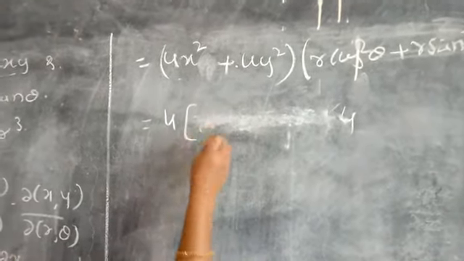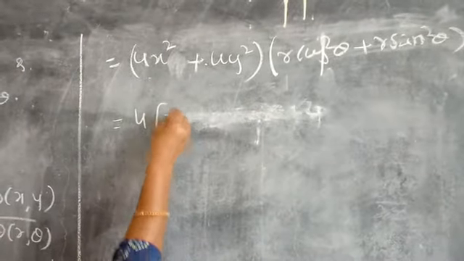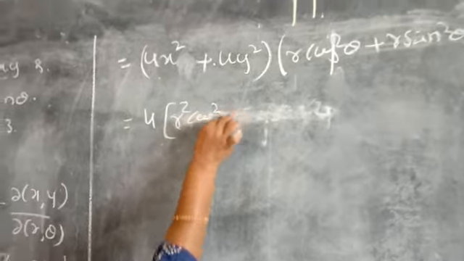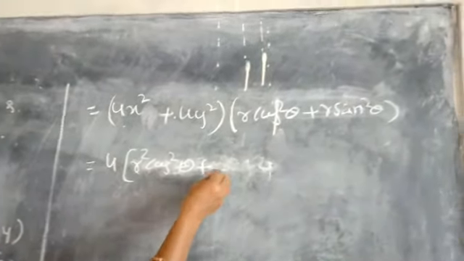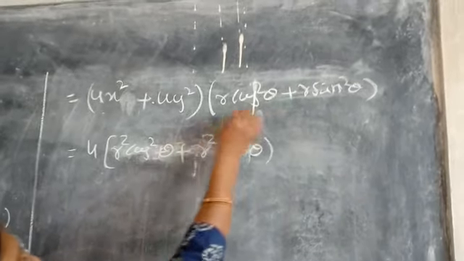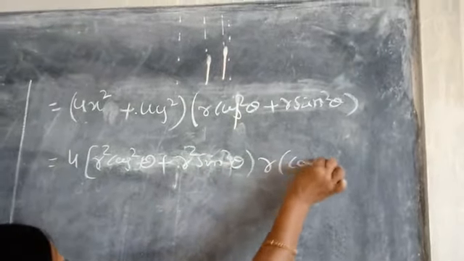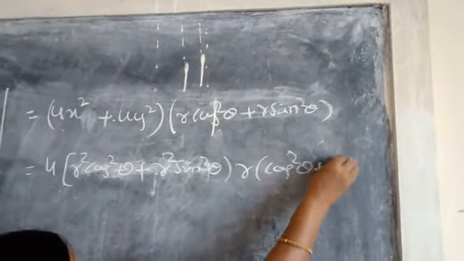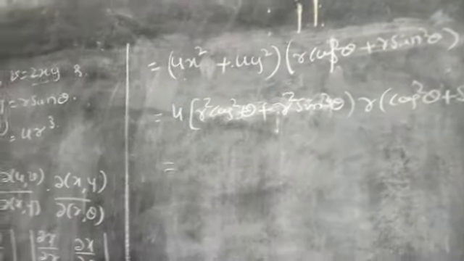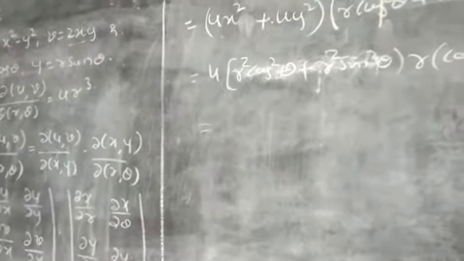So 4 as it is, x square is r square cos square θ, then plus y square is r square sin square θ, and in these two again I will take r common. So it is cos square θ plus sin square θ.